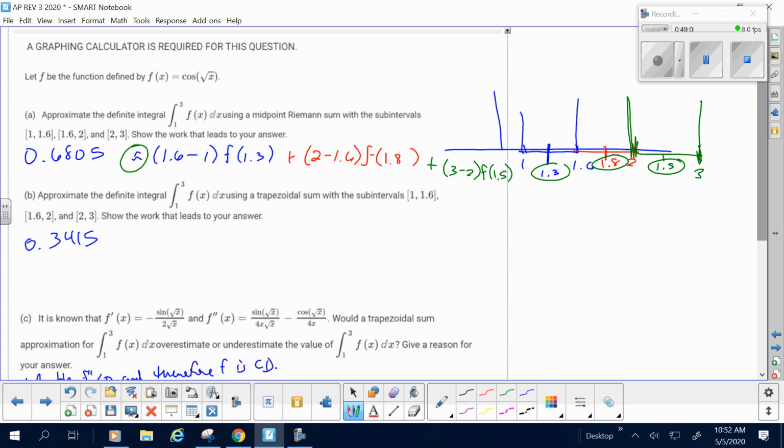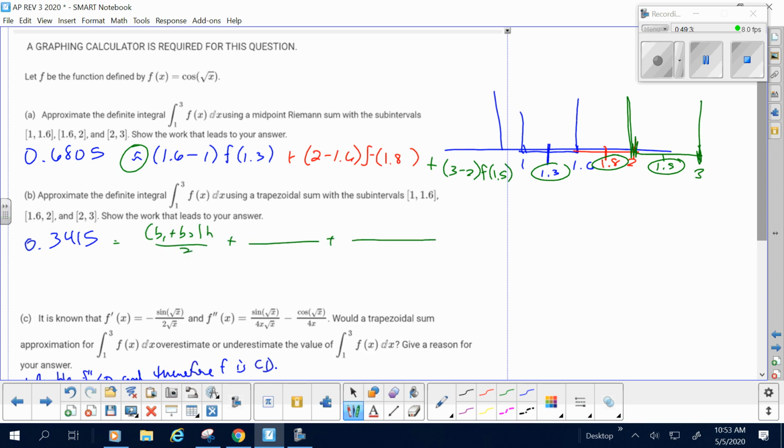All right, B. Let's talk about this. Is this a trapezoidal rule case where there are equal subdivisions and you can factor out a delta x and do this 1, 2, 2, 2, 1 stuff? And the answer is no, they're not equal subdivisions. As you can see, it goes from 0.6 wide to 0.4 wide to 1 wide. So it's a no, and you're instead going to use 3 trapezoids.